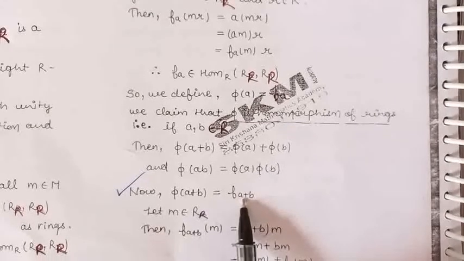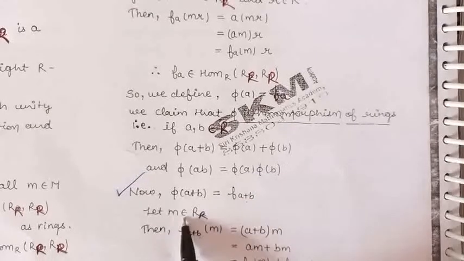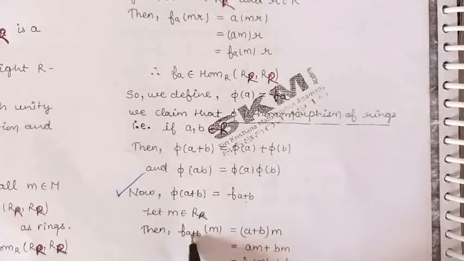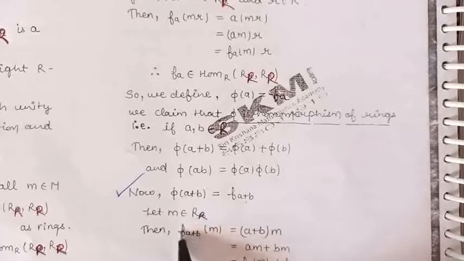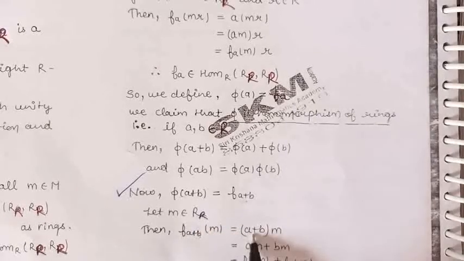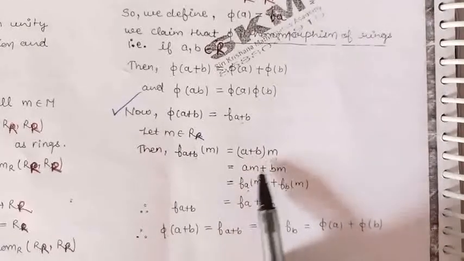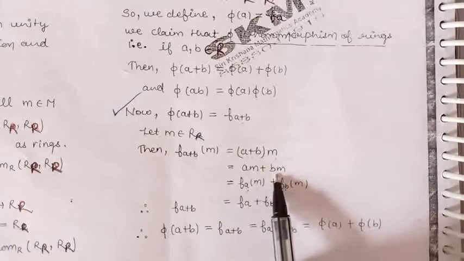Now let us take m belonging to the ring R, and we find the image of m under the mapping f_{a+b}. Now by definition of this mapping, this will be (a+b)m, and this can further be written as am + bm.